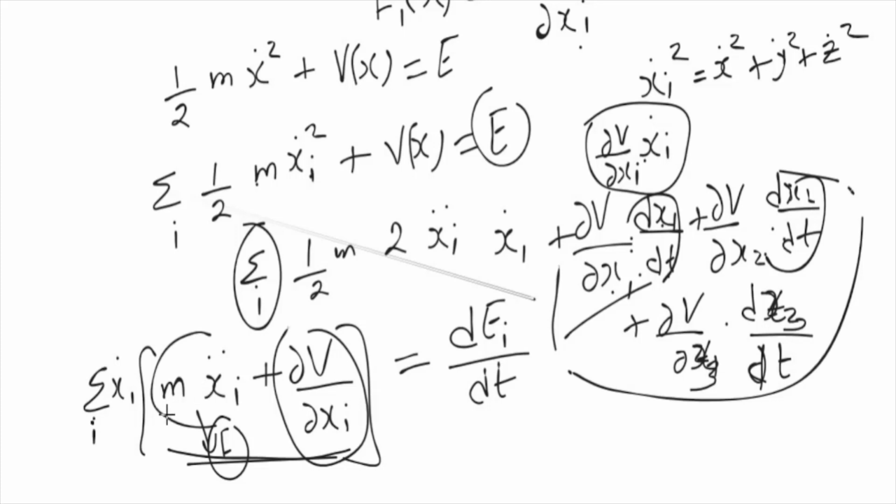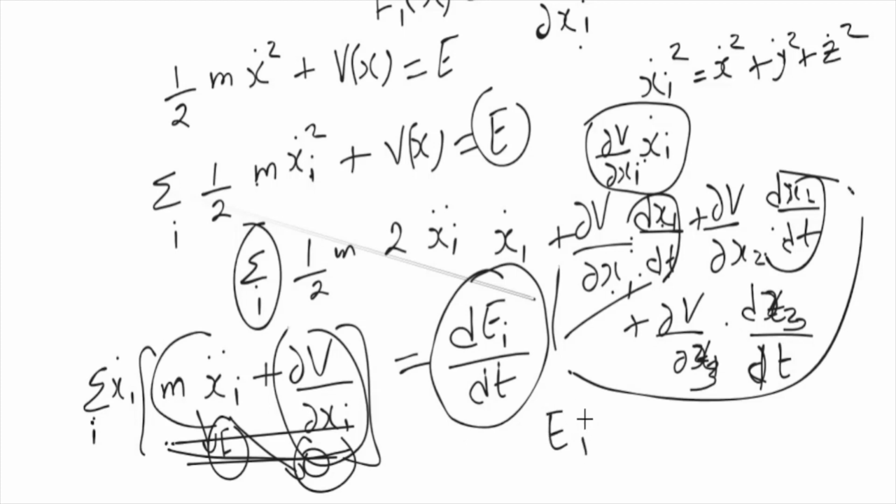So it tells us the derivative of energy is equal to 0. It means the derivative of total energy is equal to 0, or we can say total energy is constant or conserved.